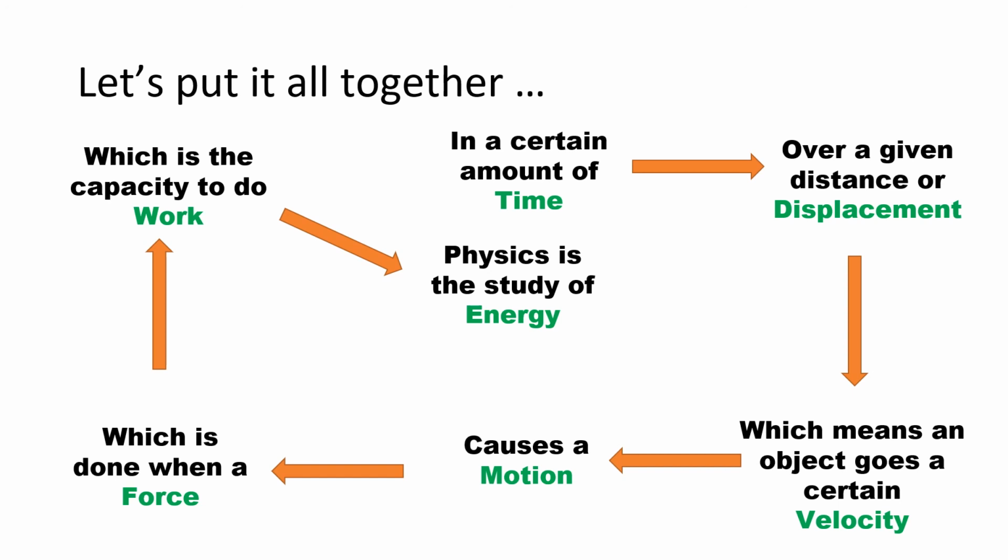Then we will know about motion. And we'll look at the causes of motion, which are forces. When forces move something a certain distance, that causes work, and work and energy are going to be essentially equivalent concepts by the time we start looking at them in a few weeks.